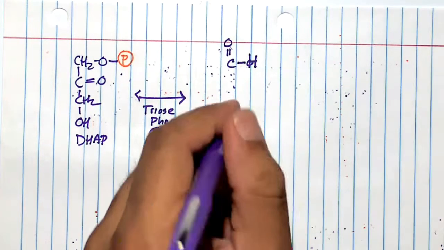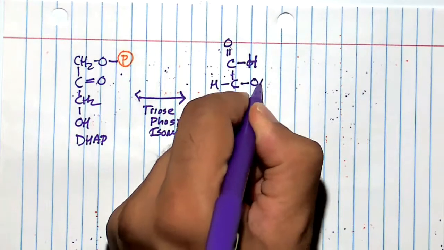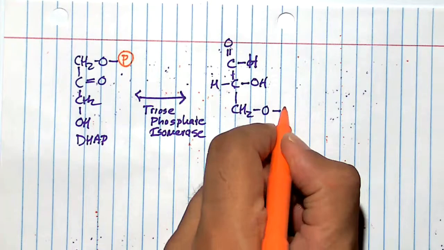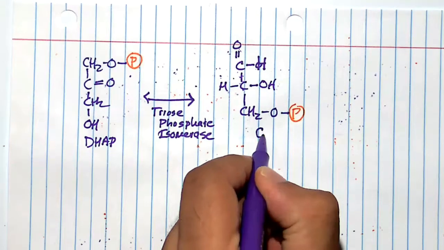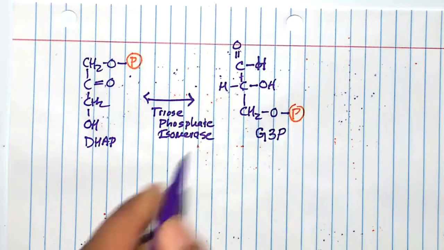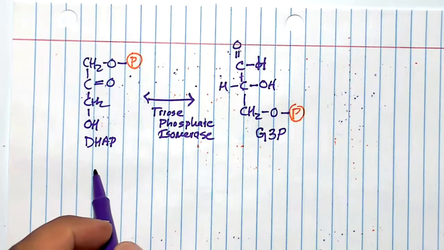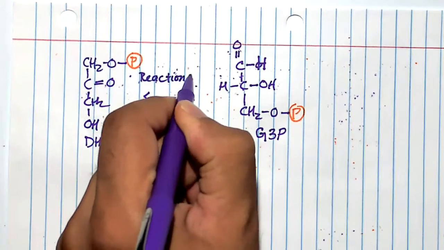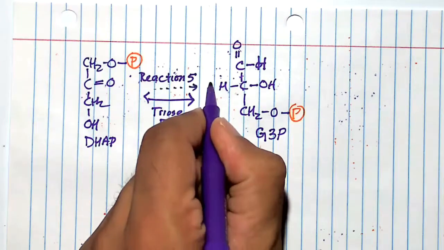Glyceraldehyde 3-phosphate. It can easily go back and forth, but in glycolytic flux, in order for reaction 6 to occur, reaction 5 must all go towards the production of G3P.